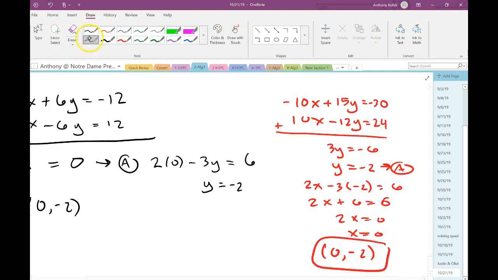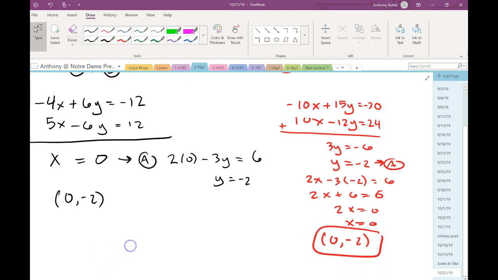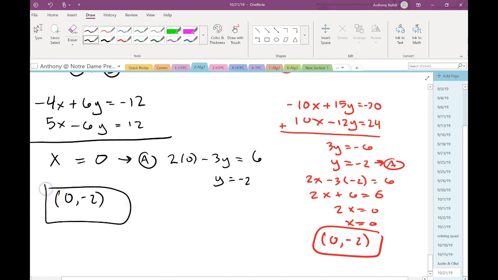So it didn't really matter there, right? We got the same solution either way we tried to do it, whether you tried to eliminate the x's first or the y's first. You got the same answer.